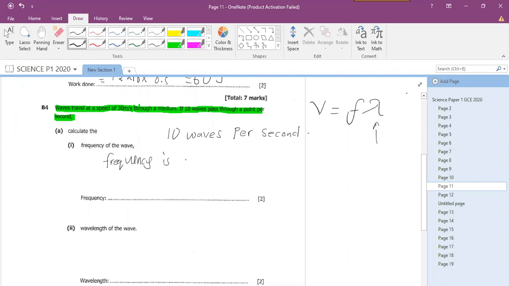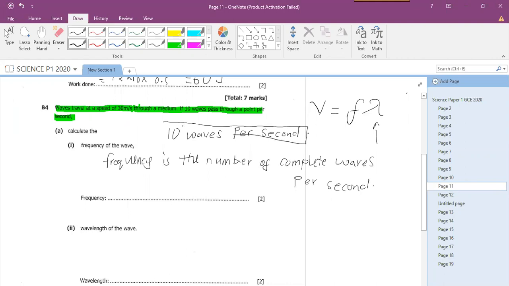By definition, frequency is the number of complete waves per second. This is the actual definition of frequency. And if you look at this, they are saying 10 waves per second.